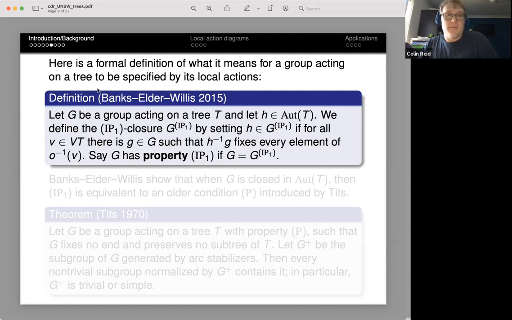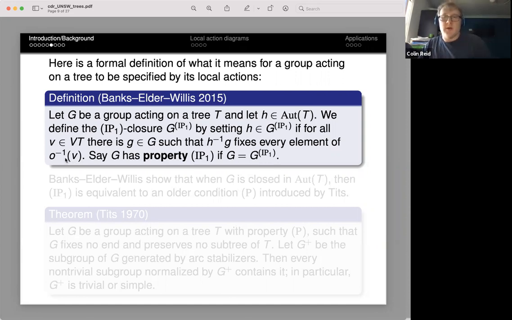So here's a definition from Banks, Elder, Willis, although the idea is older. If you have a group acting on a tree, we define the IP1 closure of G by saying we're going to put an automorphism h of the tree in G^IP1 if for every vertex v of the tree there is some element g of G such that h inverse g fixes every element of the arcs out of v.